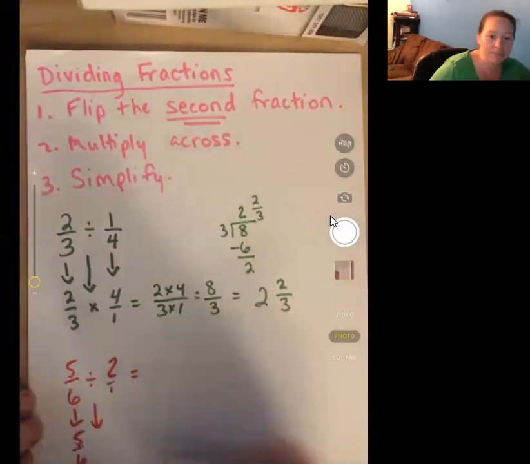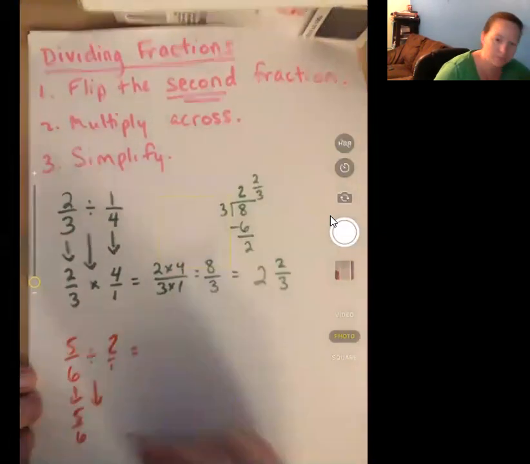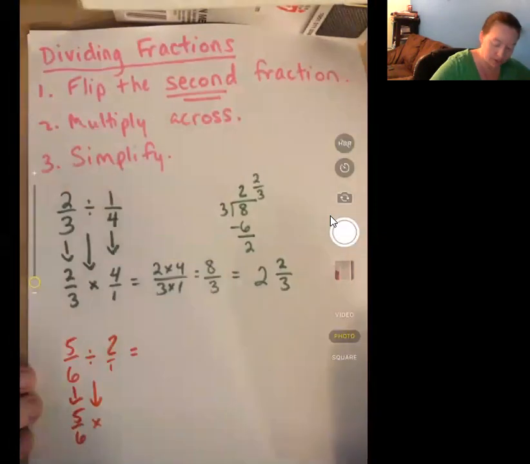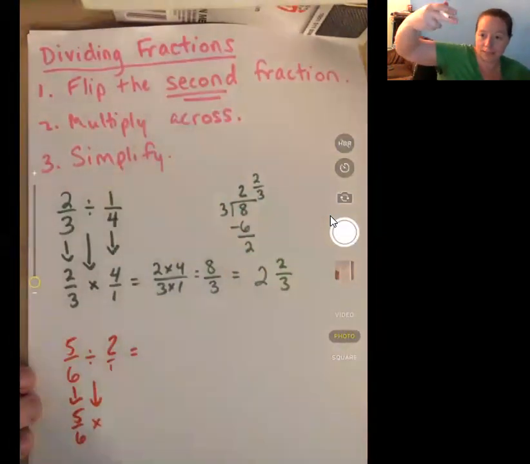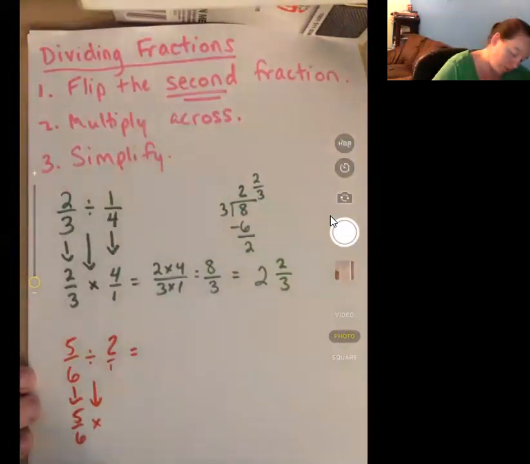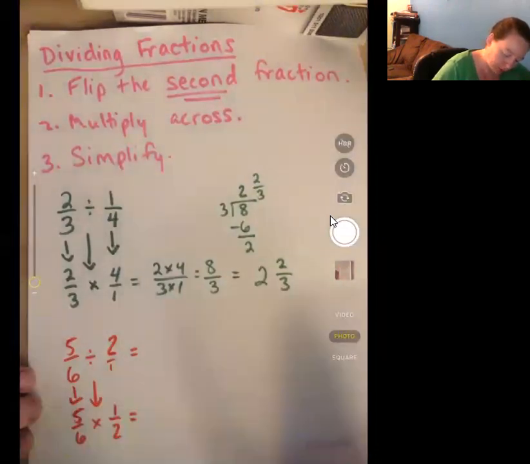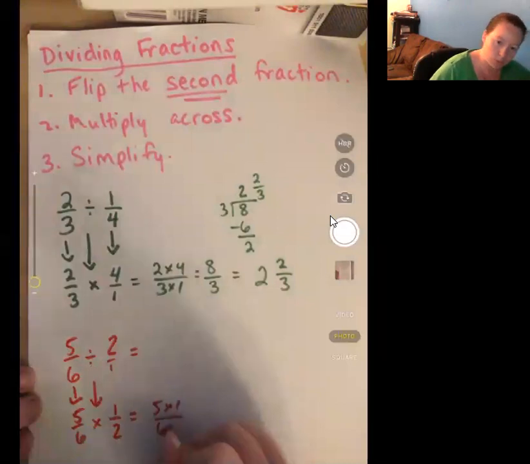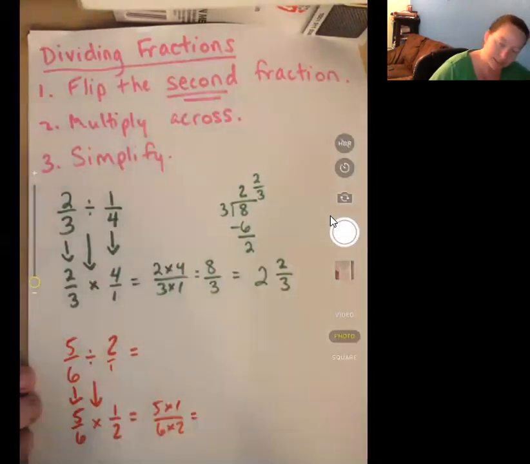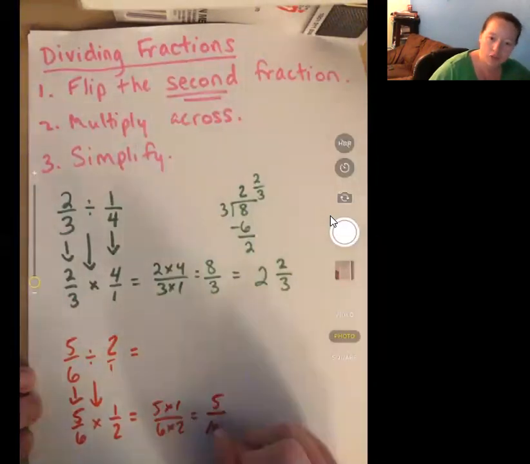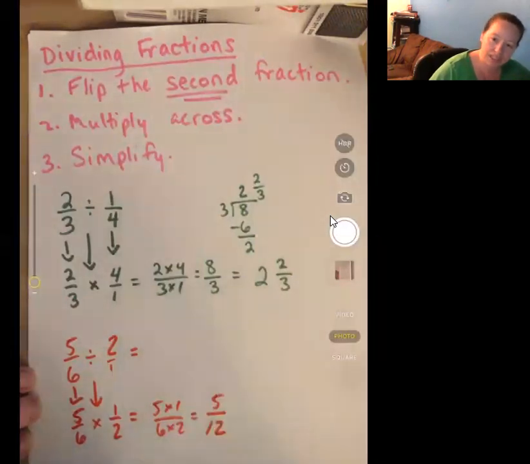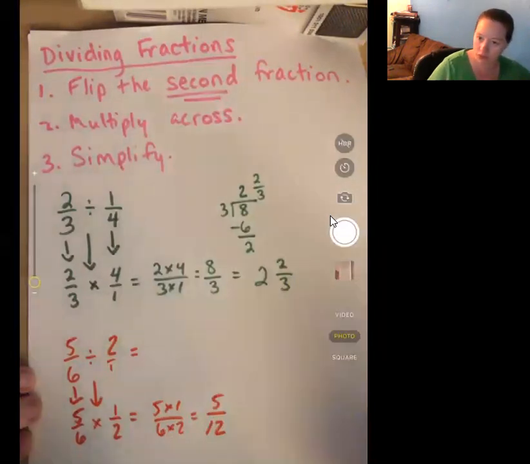Division sign becomes multiplication. And 2/1, flip it. So it is now 1/2. 5 times 1 over 6 times 2. 5 times 1 is 5. 6 times 2 is 12. So 5/6 divided by 2 is 5/12. Okay, very simple, very straightforward. That's how you do division of fractions.